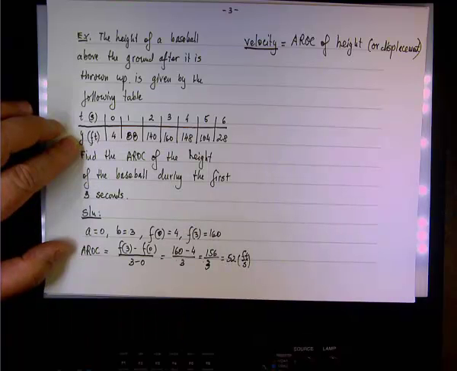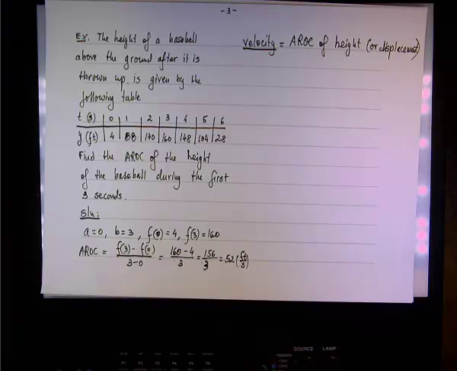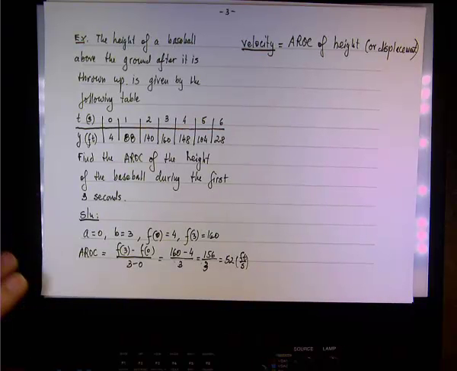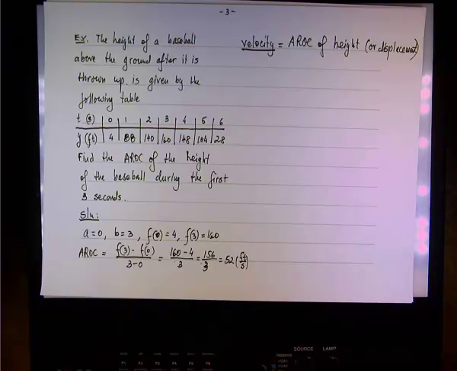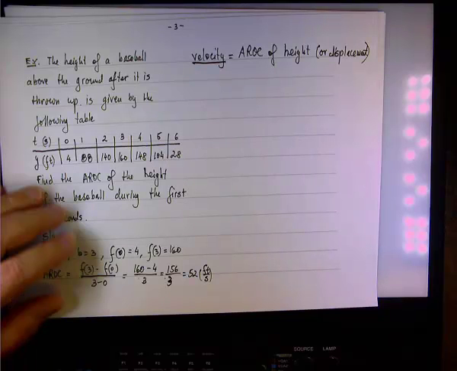But that's something you'll see later on in calculus. As you notice, I'm trying to give you a taste of calculus as much as I can, as this course is pre-calculus.